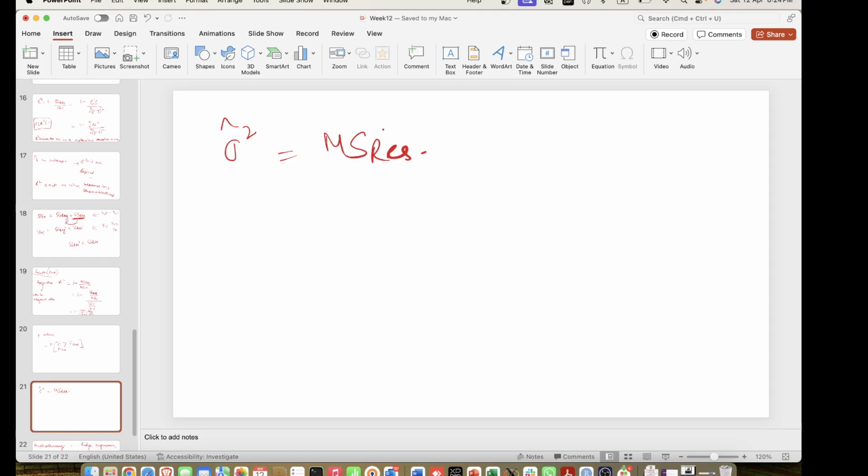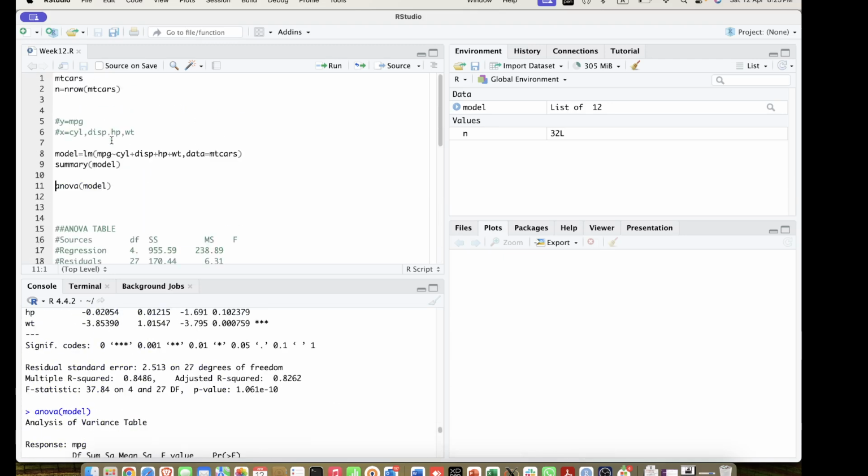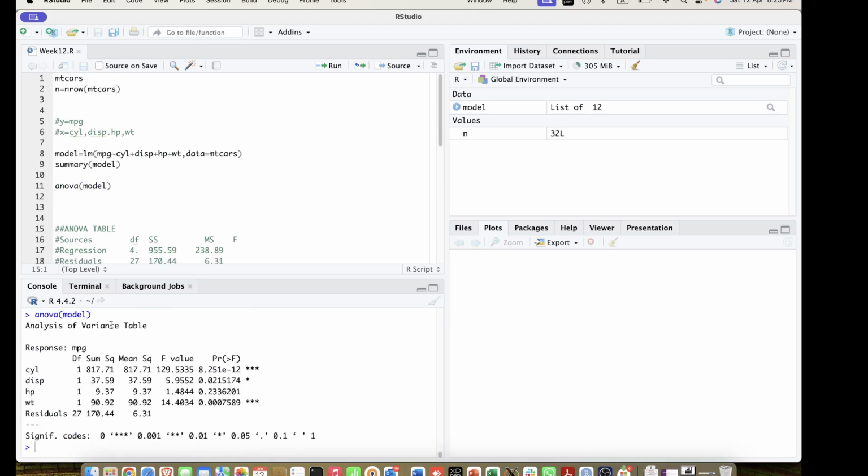What is the null hypothesis that is being tested, and how to find out mean squares due to variables and combined due to regression? Due to individual variables, you are going to find it here. Once you do an ANOVA model, these are going to give you the individual mean squares for the respective explanatory variables.